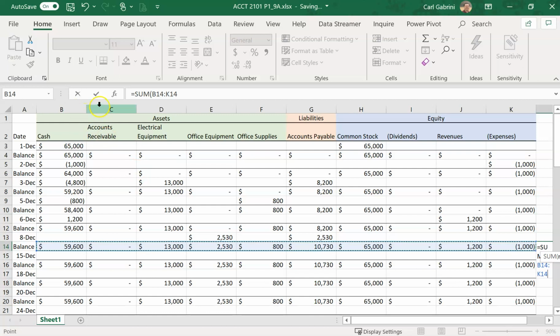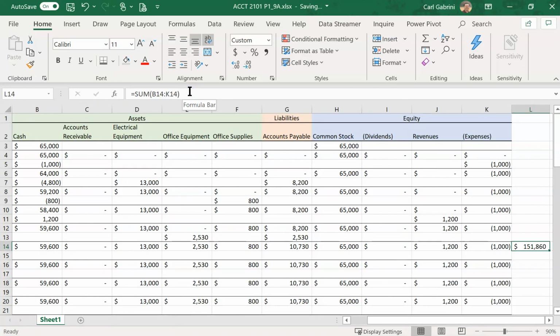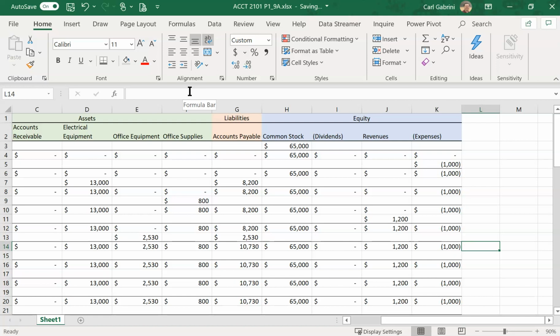Bad idea on my part. Happens. Not everything I do makes sense. So what we want is to have the accounting equation in here, so we're going to do something a little different. We're going to put in our own equation here.